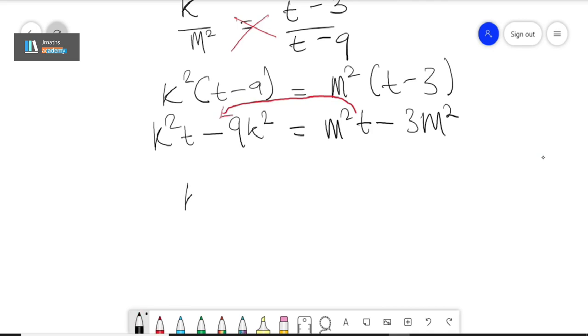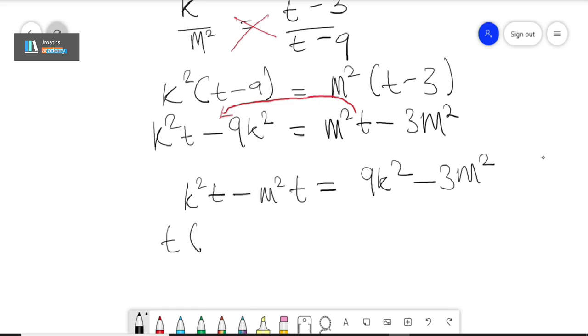So we'll now have k square t minus m square t is equal to 9k square minus 3m square. So now we succeeded in collecting the like terms. So we'll factorize t out since it's common. So we have t open bracket k square minus m square close bracket equal to 9k square minus 3m square.